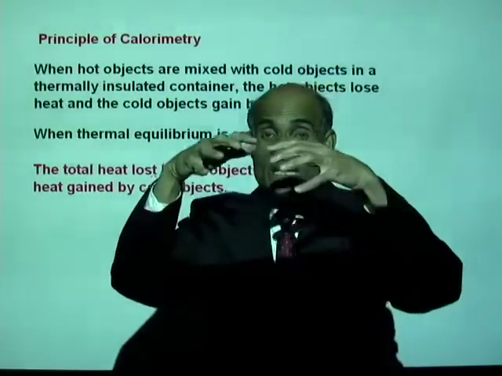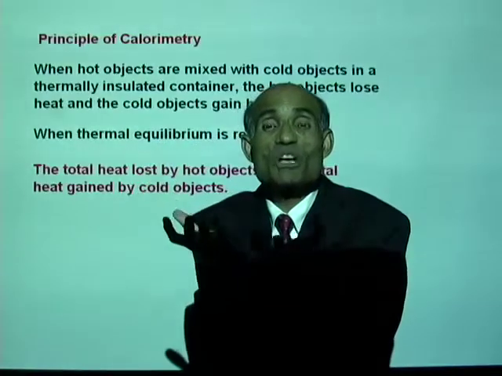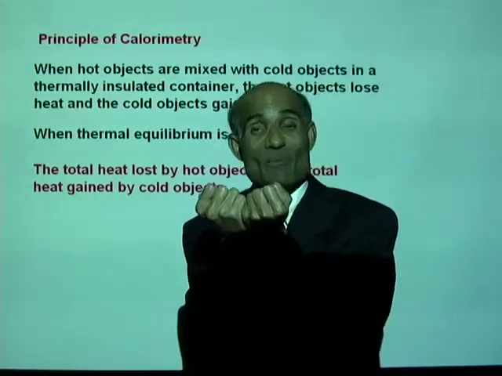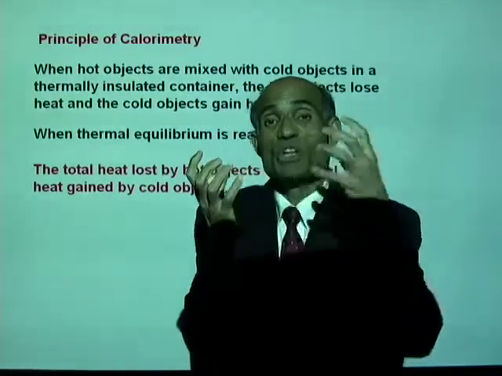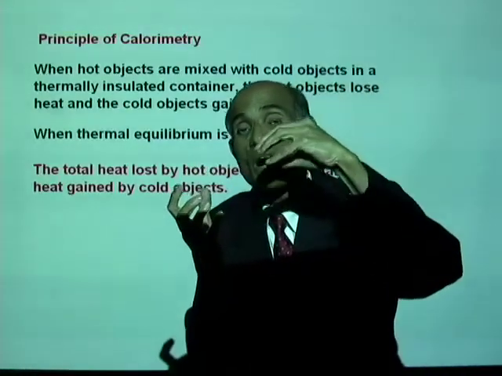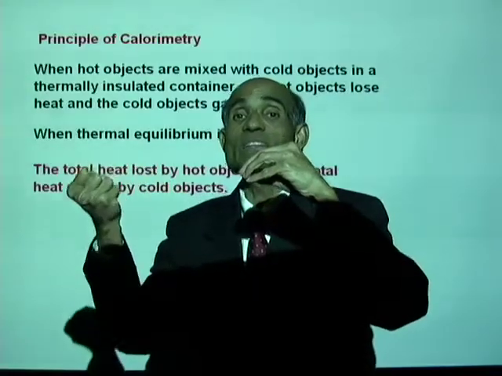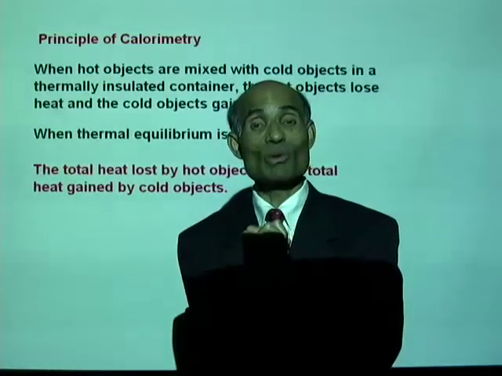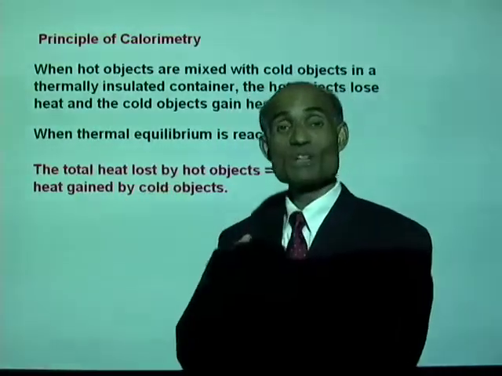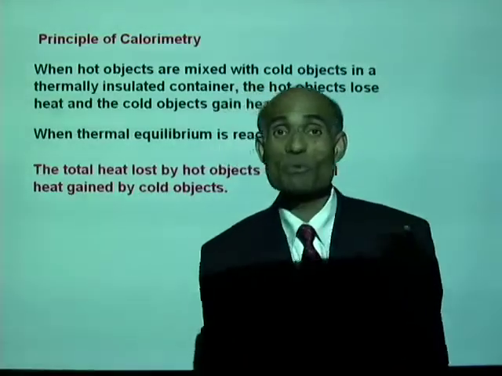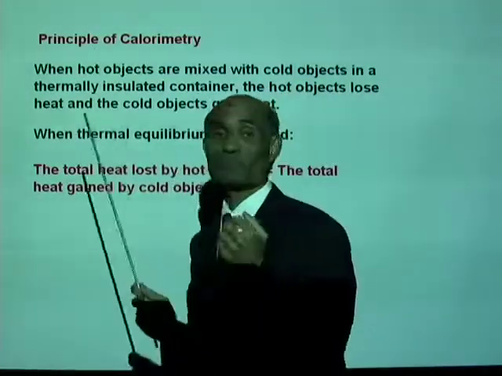You see, heat exchange takes place in a thermally insulated environment. When that happens, the amount of heat lost by hot objects will be equal to the amount of heat gained by the cold objects. If you practice this, you can solve any problem in calorimetry.